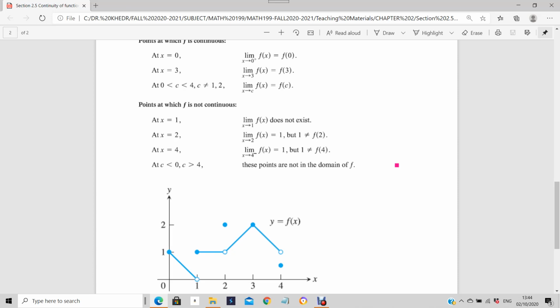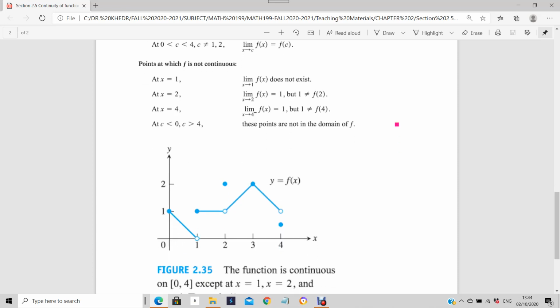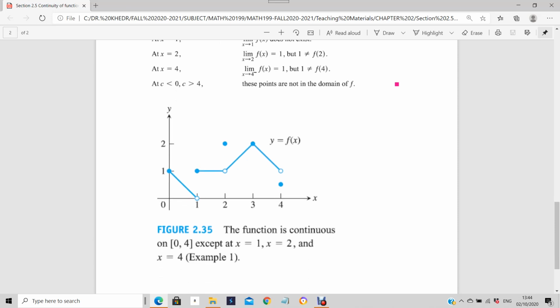So the function is not continuous at 1, at 2, and at 4. For any value of x less than 0 or greater than 4, the points are not in the domain of the function, so we cannot say the function is continuous because there is no function.